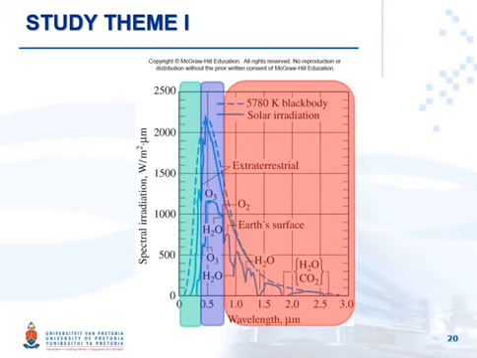It covers the UV region, visible region, and infrared region. In the UV region, as you can see, the absorption by ozone is very strong. In the visible region there is some absorption by ozone and oxygen, and in the near and far infrared region the absorption is dominated by water vapor.